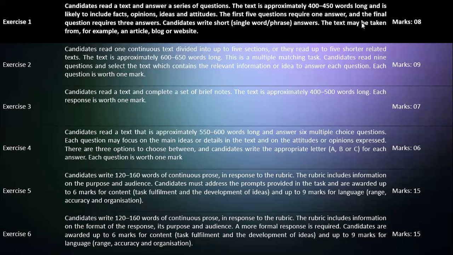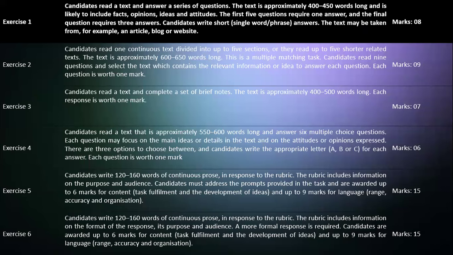The marks allocation for this exercise is 15, which is divided into 2 categories, same as exercise number 5. 6 marks for your content, where the examiner is going to assess how successfully you have fulfilled the task and developed the ideas, and 9 marks for the language, where the examiner is going to assess your range, accuracy, and organization. So this is what the particular structure of your paper number 1 will be.